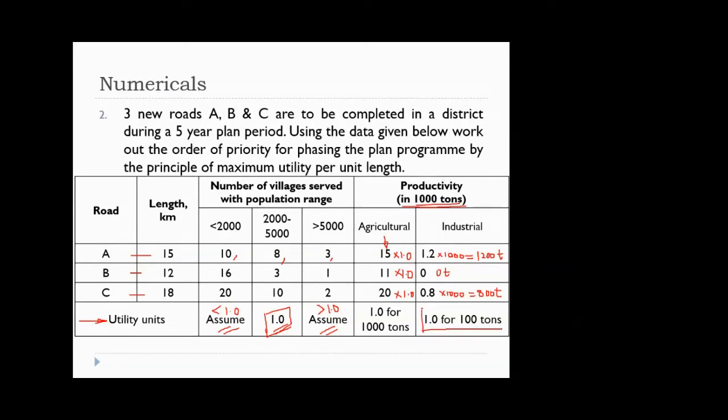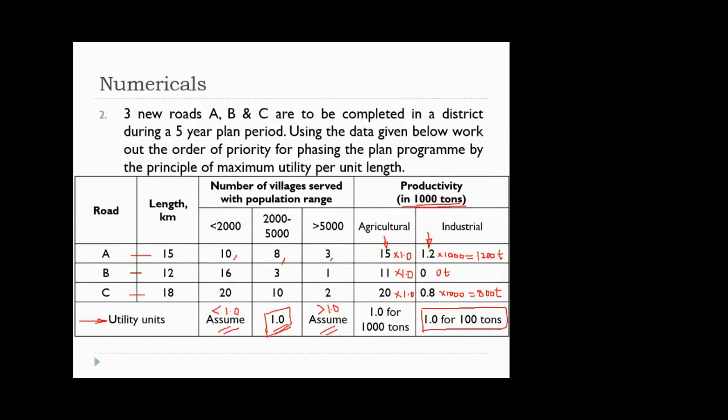For industrial, the utility they have given is 1 for 100 tons. But the utility values here and also the productivity values here are in 1000 tons. So either we need to change the utility unit or you have to change the productivity.